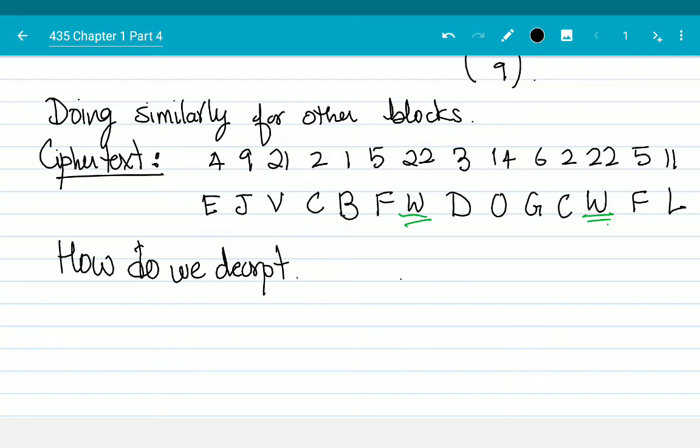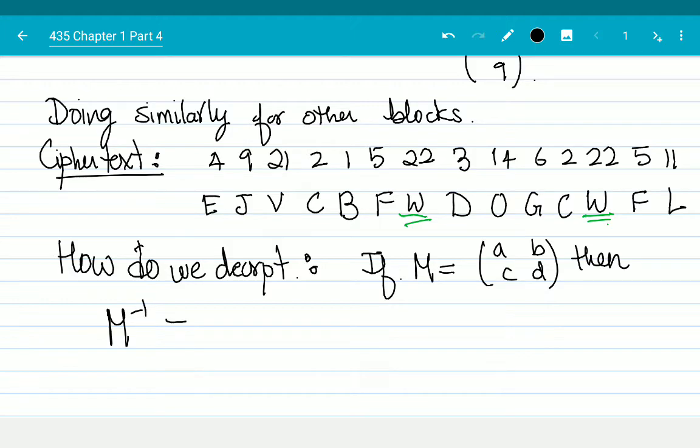Well, for 2 by 2 matrices, if m is equal to a, b, c, d, then m inverse is given by 1 over ad minus bc times d, minus b, minus c, a.